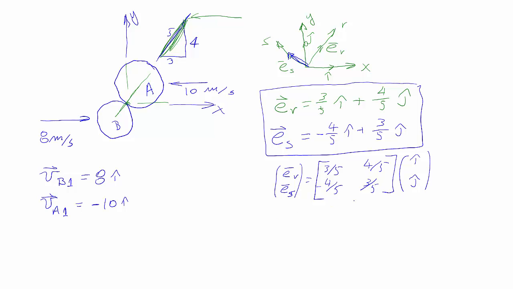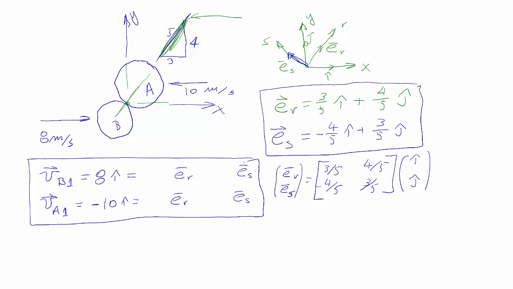Now, what we really need is to be able to express this in terms of eR and eS. We need to be able to convert our velocities into this new coordinate system.